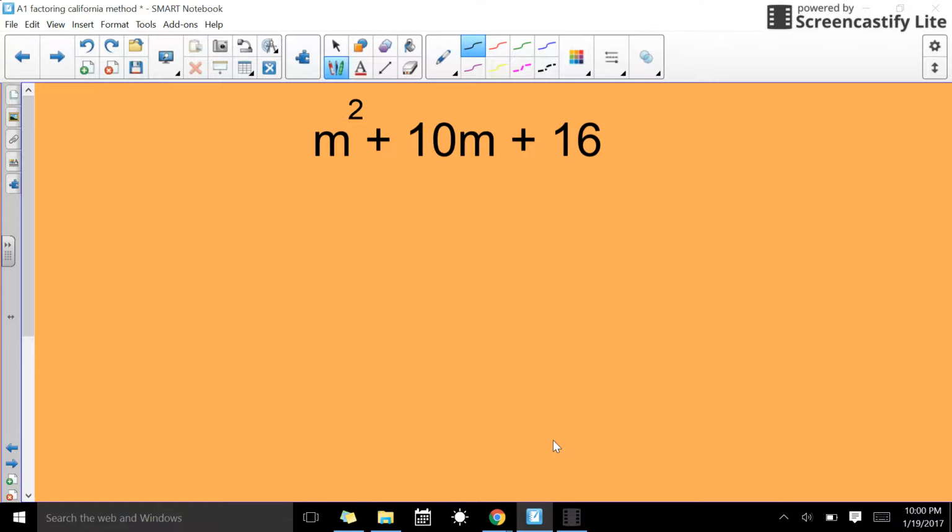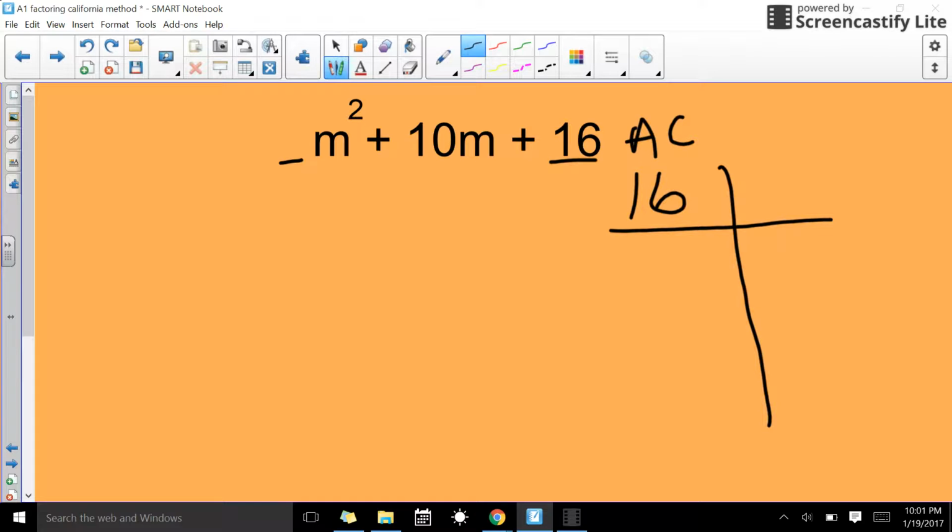Again, we don't have a GCF, so we can go on to do our chart. When we multiply A times C, we're looking for something that multiplies together to get 16. Our B is 10, and it needs to add up to be 10. I like to start with 2.